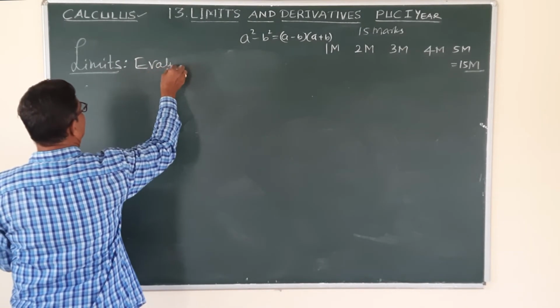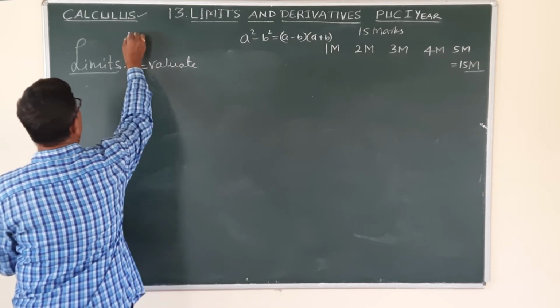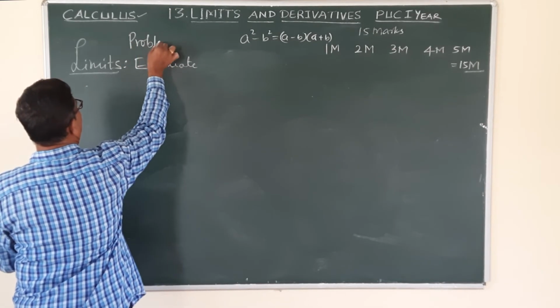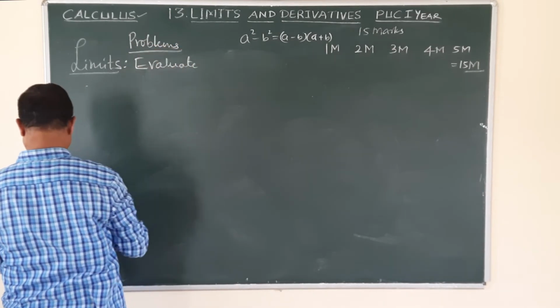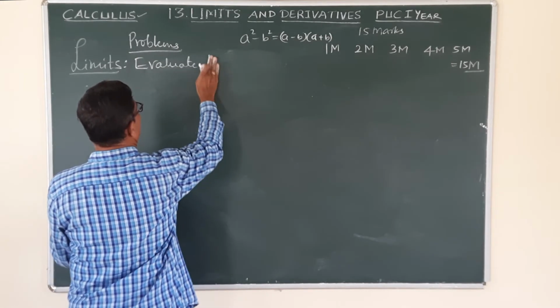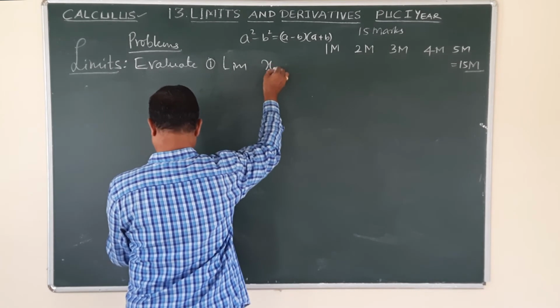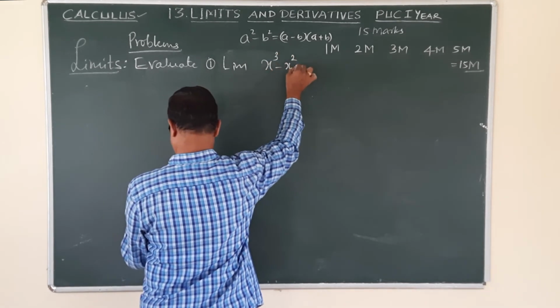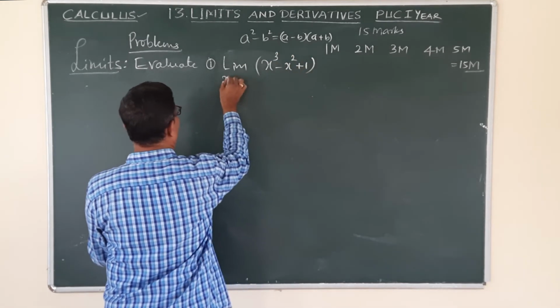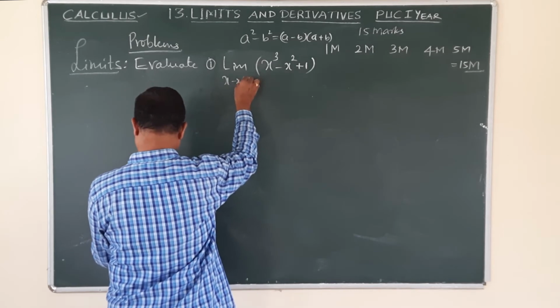evaluate. First one, the limit of x cube minus x squared plus 1 as x approaches 1.